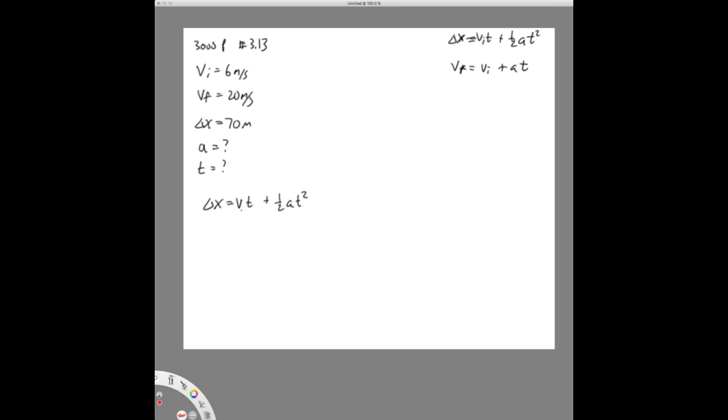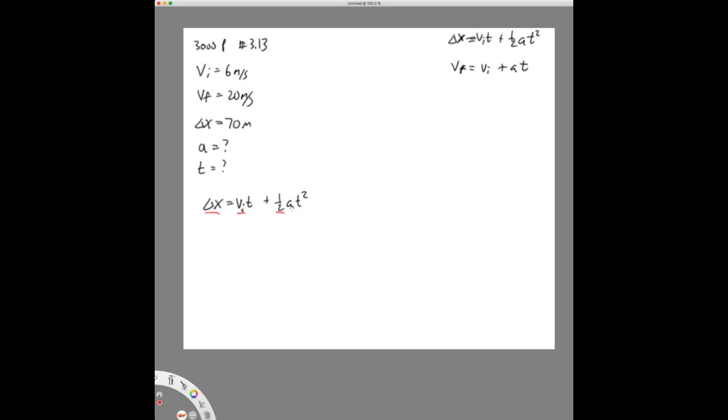If we want to use this equation, we would say, do we know delta x? Yes, we do. Do we know V initial? Yes, we do. Do we know time? No. Do we know 1/2? Yes. And we want to find the acceleration. So can we find the acceleration?